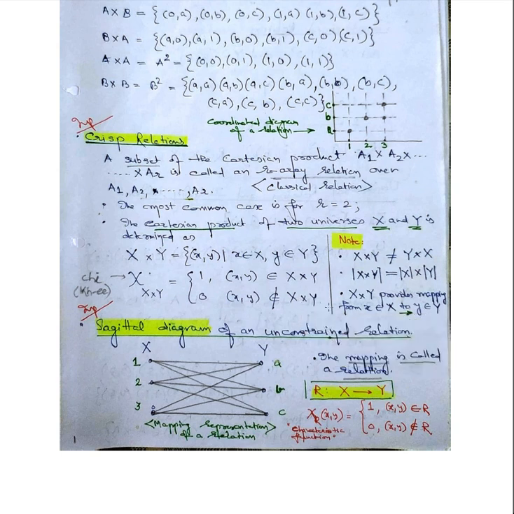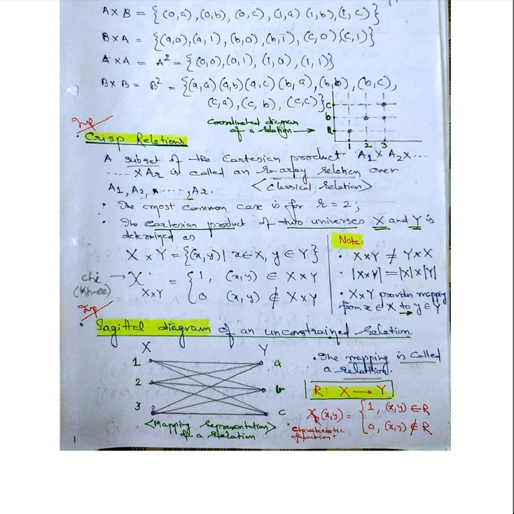Now here one thing you have to know is that X cross Y is not the same as Y cross X. That is the relationship between the two universes of discourse. And the cardinality of X cross Y is the cardinality of X times the cardinality of Y. Similarly, X cross Y provides the mapping of x belonging to X to y belonging to Y. That's the relationship it determines.